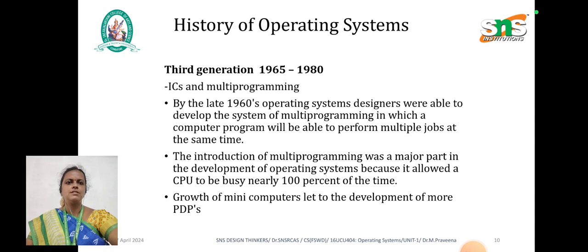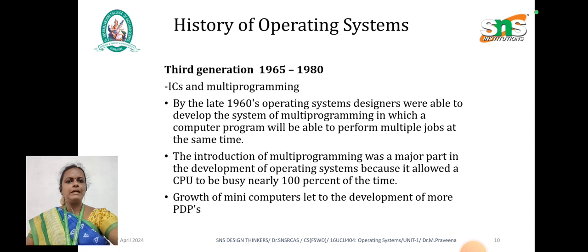The third generation is between 1965 and 1980. Here integrated circuits and multi-programming concepts were introduced. By the late 1960s, operating system designers were able to develop multi-programming, in which a computer is able to perform multiple jobs at the same time.